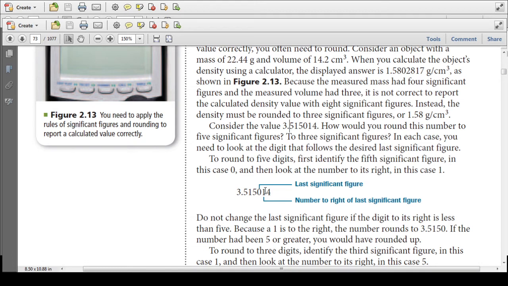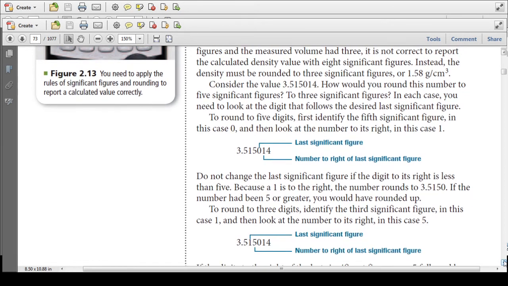In this case, it's a 1. We do not change the last significant figure if the digit is less than 5. Because 1 is less than 5, we just leave the number rounded to the 0. If the digit had been greater than 5, we would round that up, and that 0 would then become a 1.